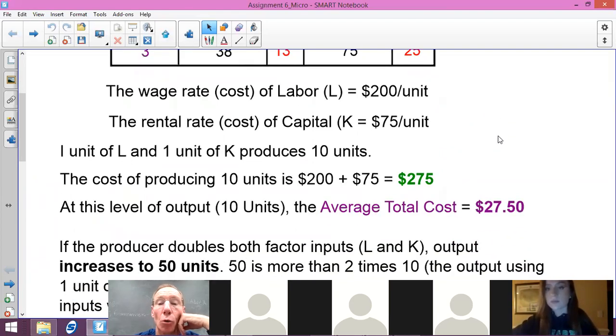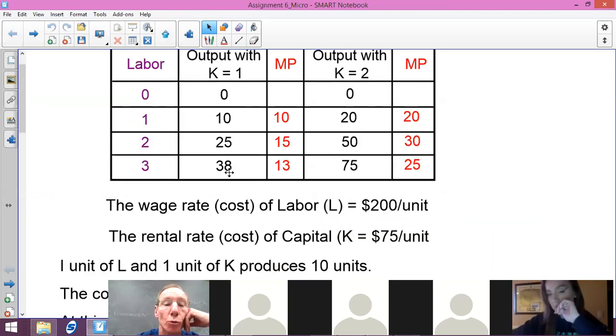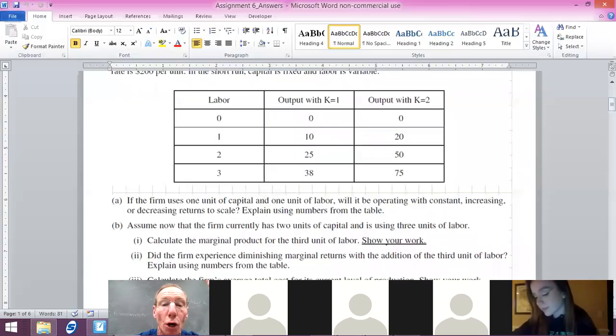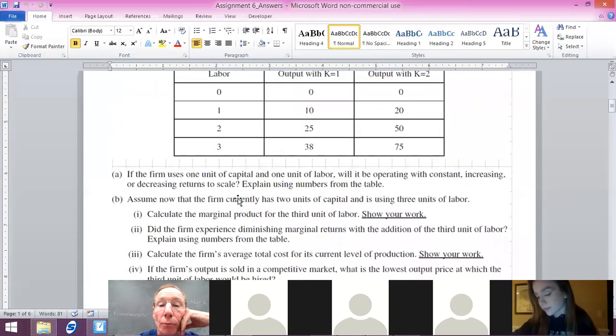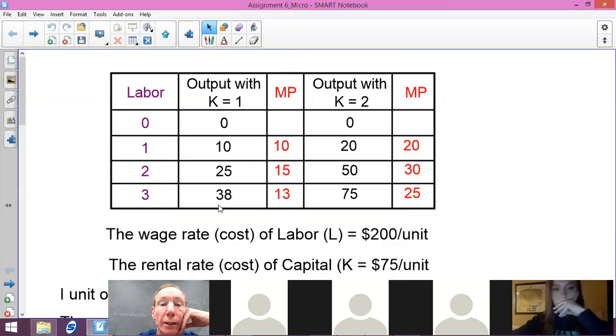Now the other way that we can figure this out is by looking at the average total cost. When we're only producing 10 right here, because remember, the problem starts off saying we're using 1 unit of labor and 1 unit of capital, which means we're right here in the chart, 1 and 1. So we're producing 10.